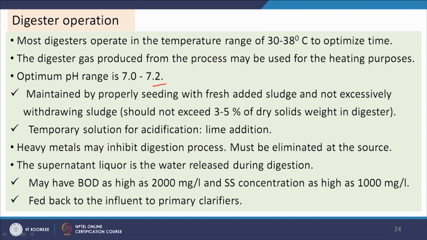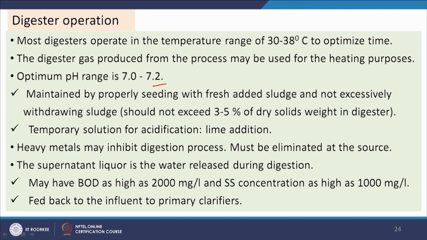The supernatant liquor is the water released during digestion, and this can contain COD as high as, say, 1000 mg per liter SS and 2000 mg per liter BOD. So, that requires further treatment for utilization in different applications.